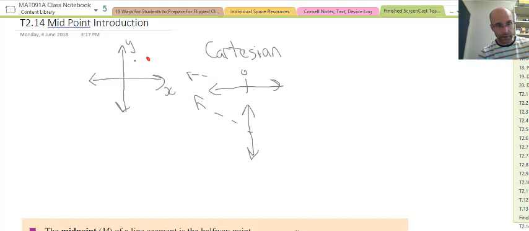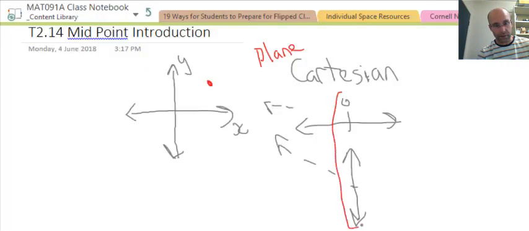Now if we have a point on this Cartesian axis system, or a plane, P-L-A-N-E, which means a flat surface, a flat 2D surface, we have numbers that can describe the position. Because it's two number lines joined together, we need two numbers.